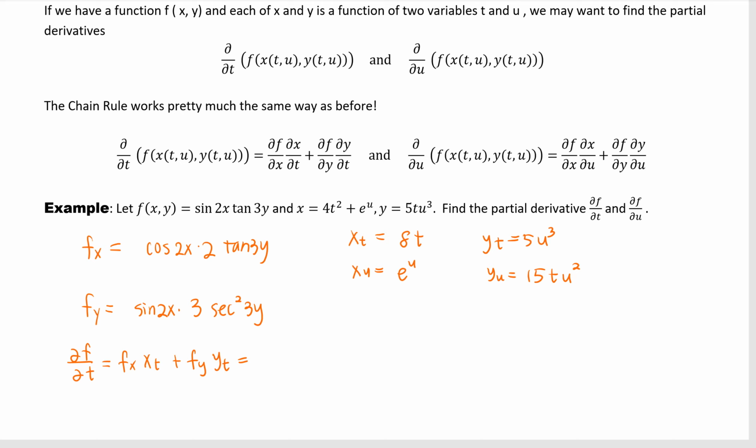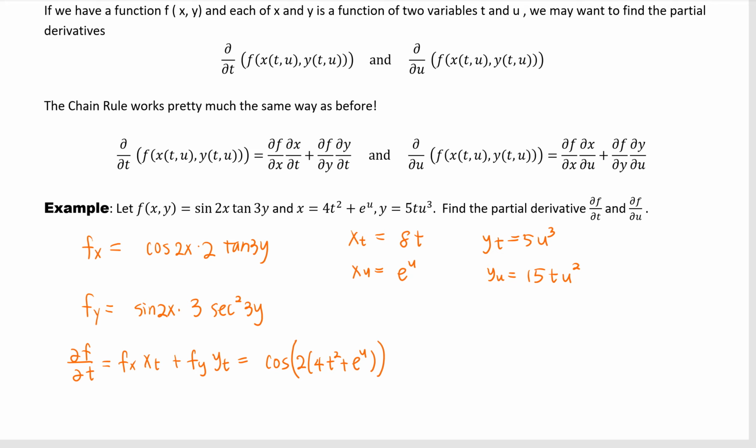So f_x is cosine 2x. So that is cosine of 2 times (4t squared plus e to the u). Don't forget another parentheses. Otherwise, they will think this is like cosine 2 times that. So we want to have cosine of the big term inside of the cosine.